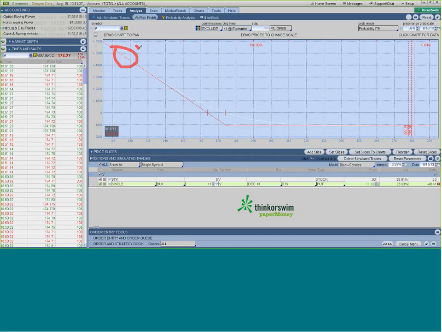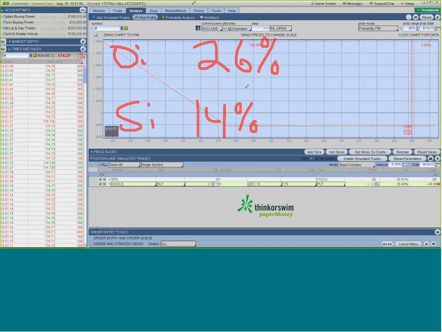That's the option, 26% ROI. The stock, 175, 25 divided by 175, 14%. And that's return on investment, ROI.